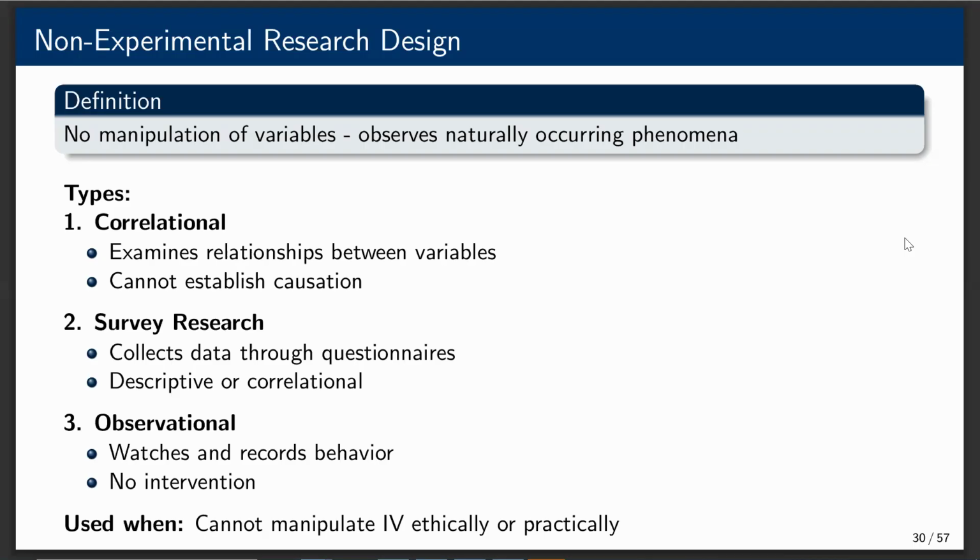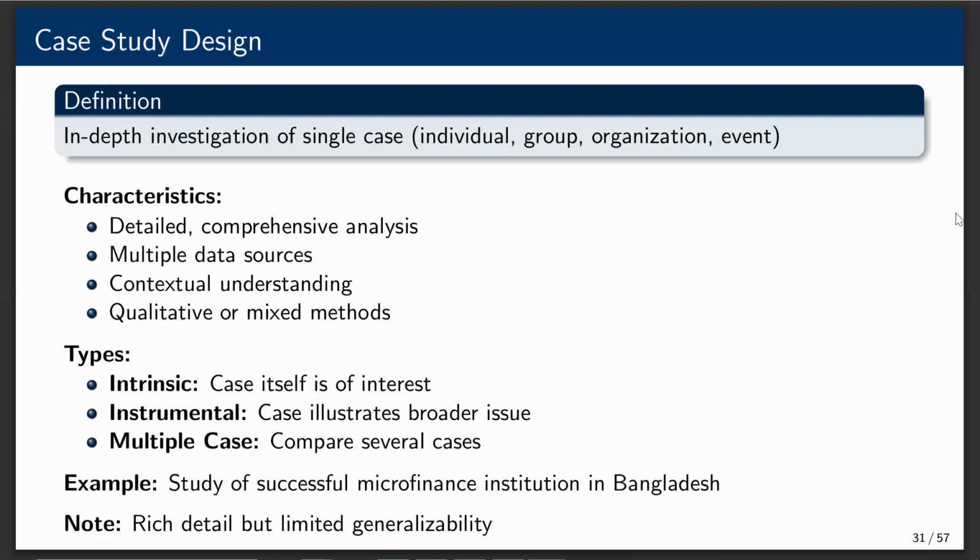You assess and record behavior, no intervention. And when you cannot manipulate the independent variable ethically or practically, there you can use non-experimental research design. So largely I think in economics also we do non-experimental research design, and experimental design also is very popular.